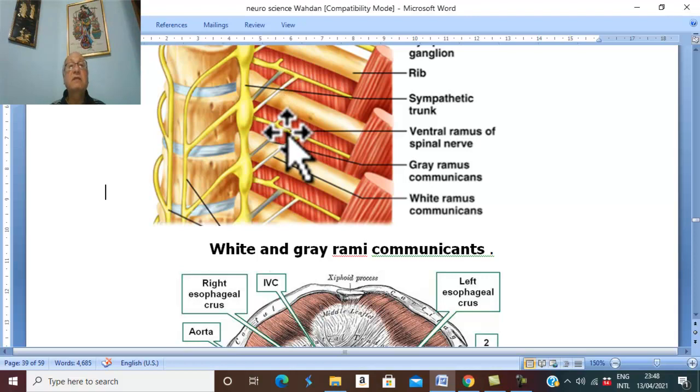These fibers supply the skin and the blood vessels of the upper limbs and the body wall.